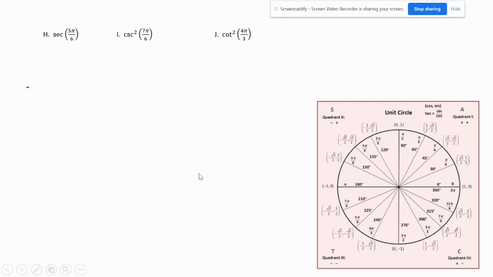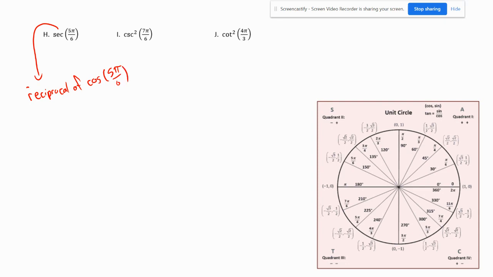All right, secant of 5 pi over 6. Okay, now remember secant is a reciprocal of cos 5 pi over 6.